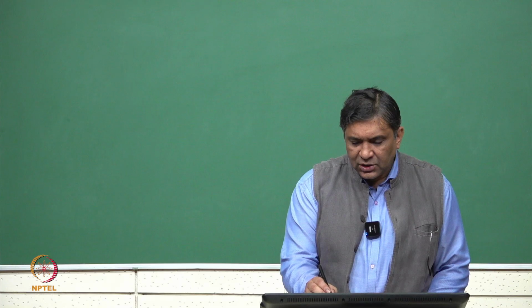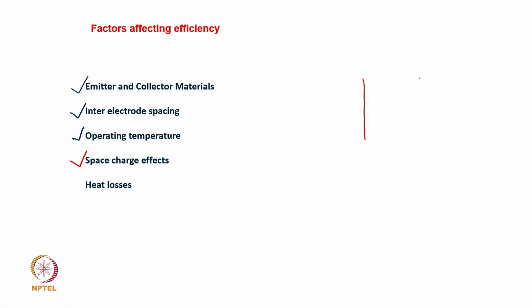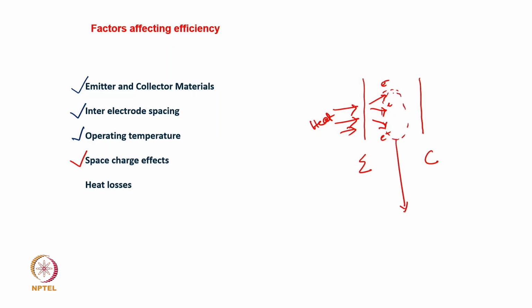Again, let me just draw it very simply: this is the emitter, this is the collector, and this is heat. Electrons are emitted, but they can generate a kind of cloud here. Okay.